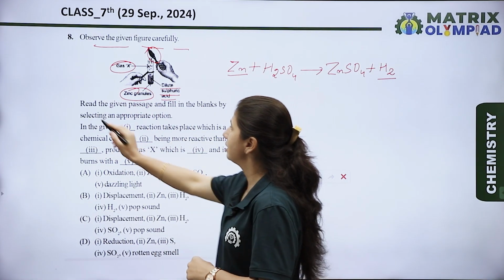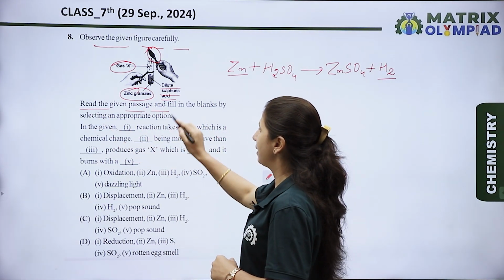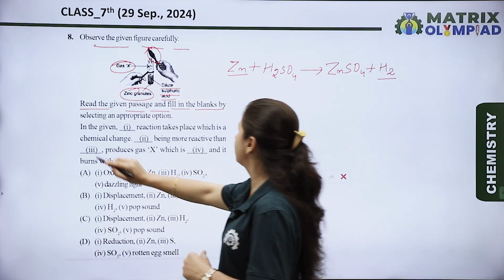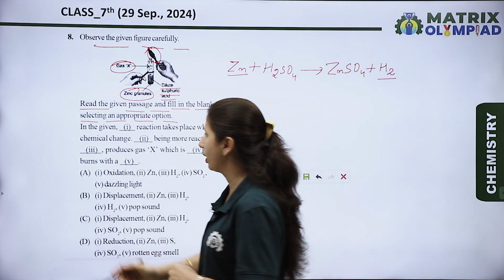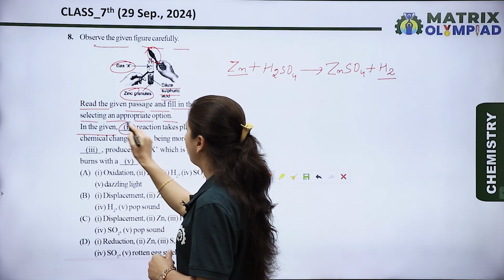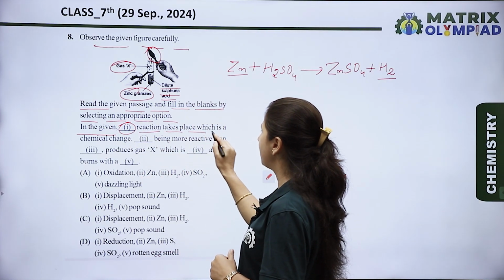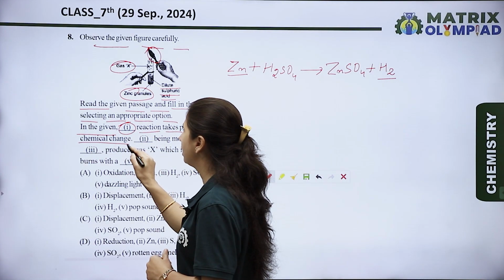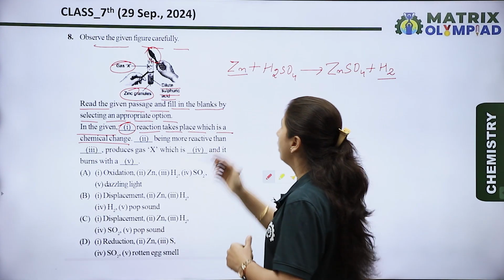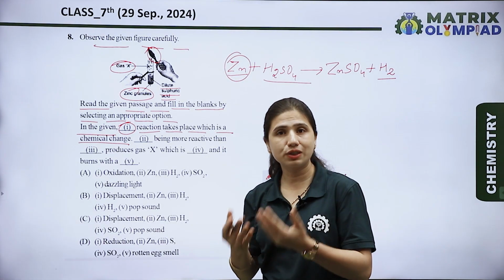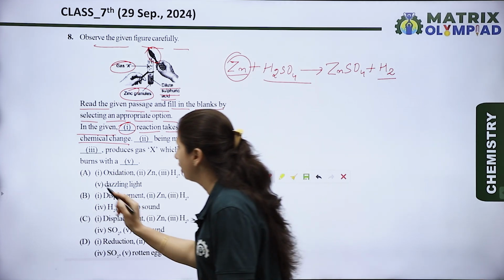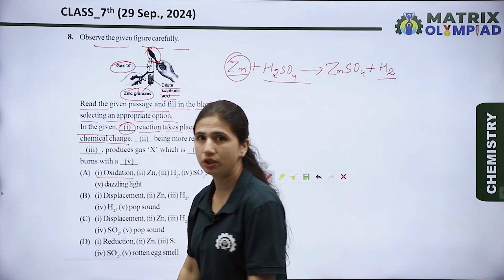The question is, read the given passage and fill in the blanks by selecting an appropriate option. In the given passage, the first reaction that takes place is a chemical change. We can see easily that this is a type of displacement reaction. So in the first option, this is an oxidation reaction.